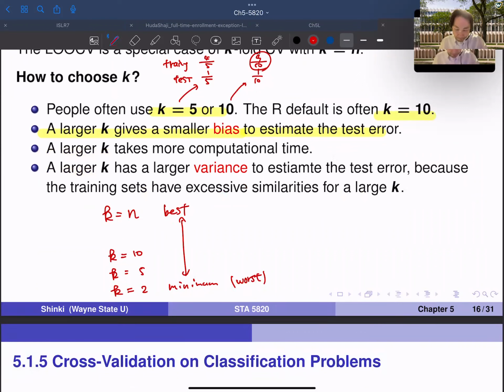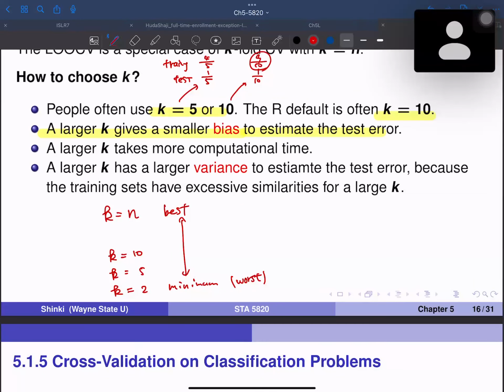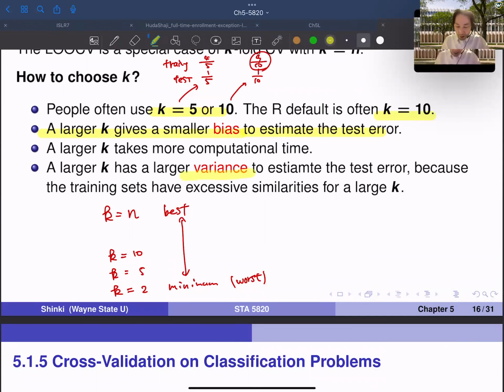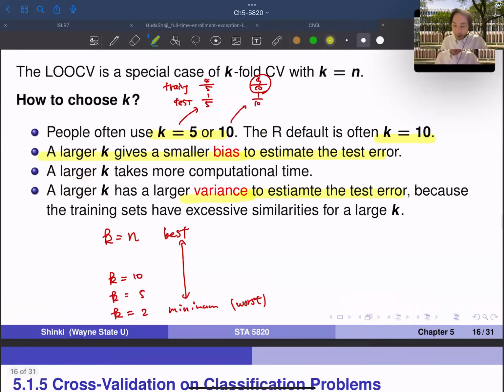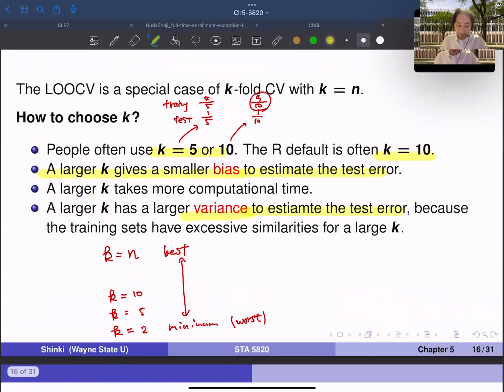Yeah, and of course, the large K has a large variance to estimate the test error because we have a smaller test set. But if we cross-validate and take the average, then finally this problem disappears.